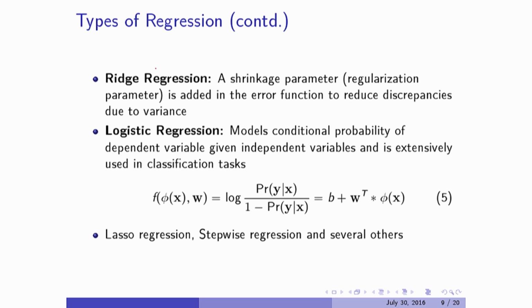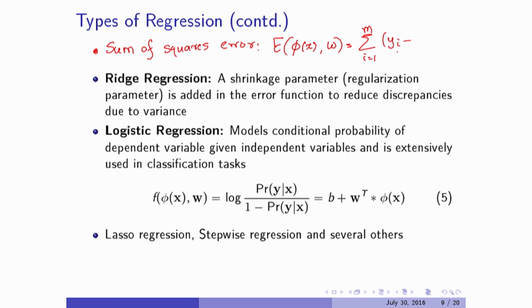For example, we have already motivated the sum of squares error, where the error function is a sum over all the data points of the desired dependent output yi, and from that you subtract w transpose phi of x and square this. So this gives rise to the least square linear regression problem.